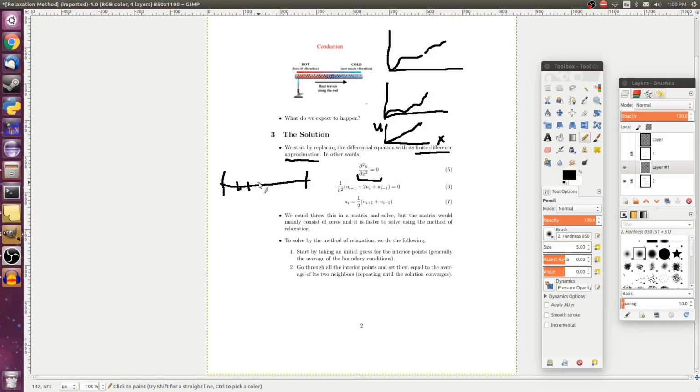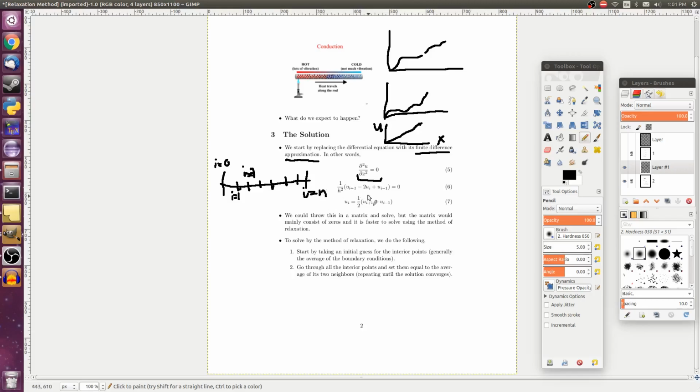We're going to chop it up into tiny pieces, and the more pieces we chop it up into, the better the approximation to the solution will be. So we'll say this is maybe i equals 0, and this place right here is i equals 1, i equals 2, and then maybe this will be i equals n. We're going to have n pieces.